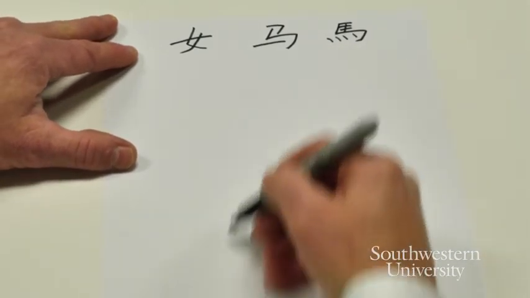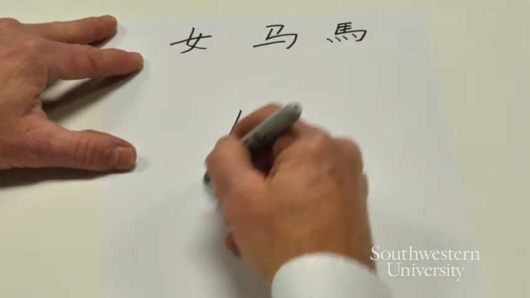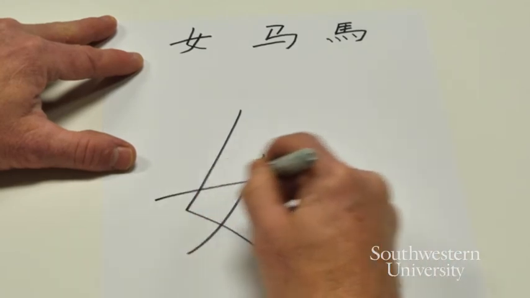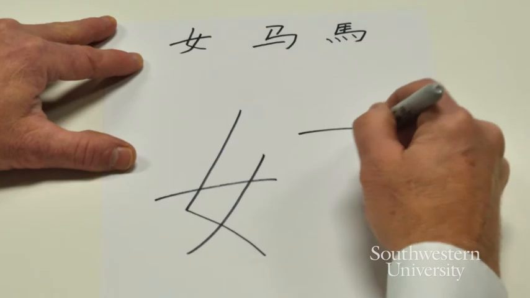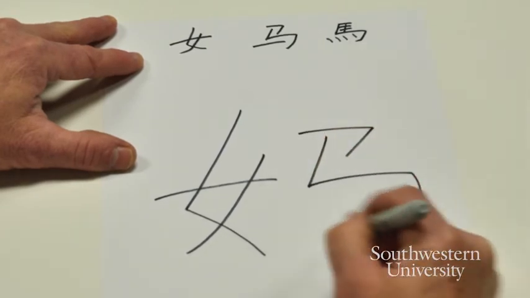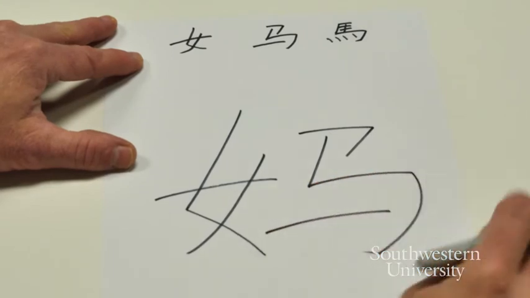So when we write it out, you do the pie, dian first, then the pie, heng, and then the heng, zhe, shu, zhe, zhe, gou, heng, ma.